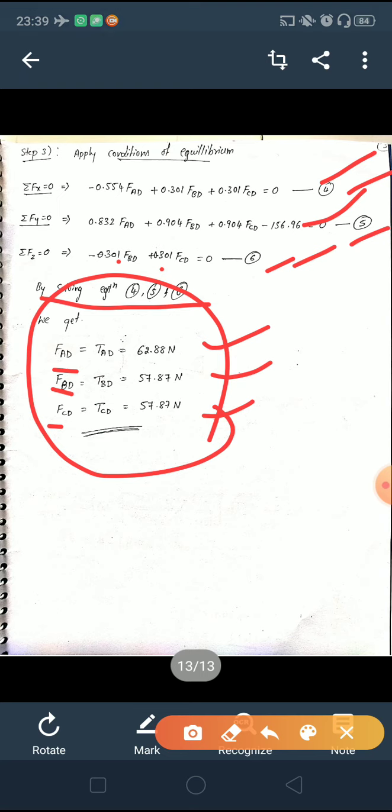So this is your final result, because he is asking to find the tension in the cables. That is 3 cables, AD, BD, CD. So you got to know force AD or tension AD, force BD or tension BD, force CD or tension CD.